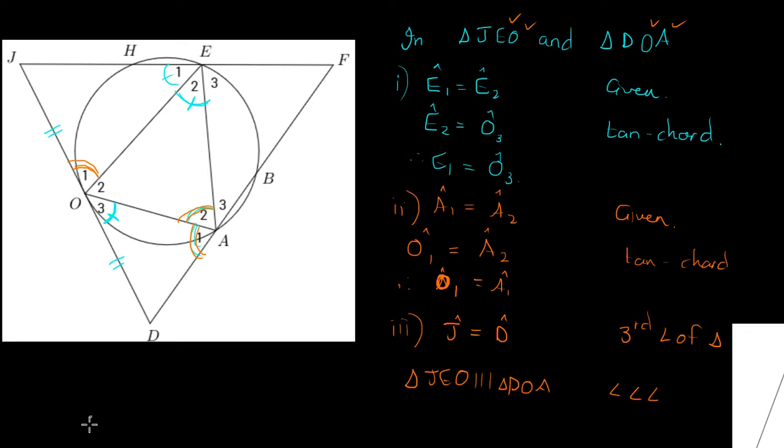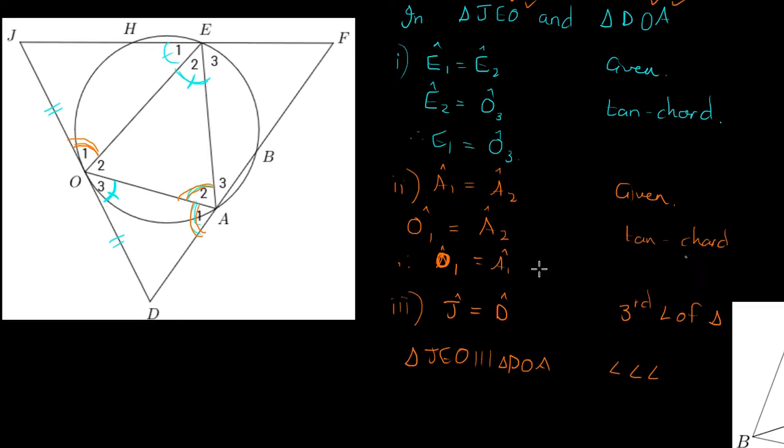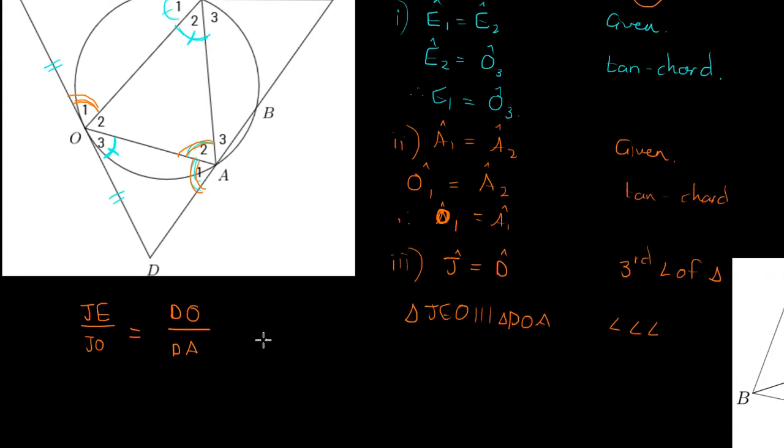So we can start by saying JE over JO is equal to, using the first two and the first and last, DO over DA. This just comes from the fact that JEO is similar to DOA.